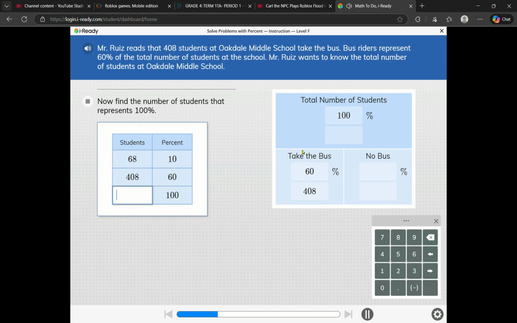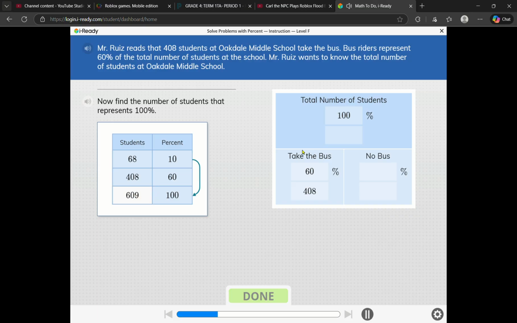Now find the number of students that represents 100%. 10 times what number equals 100? Multiply 68 by the same number.